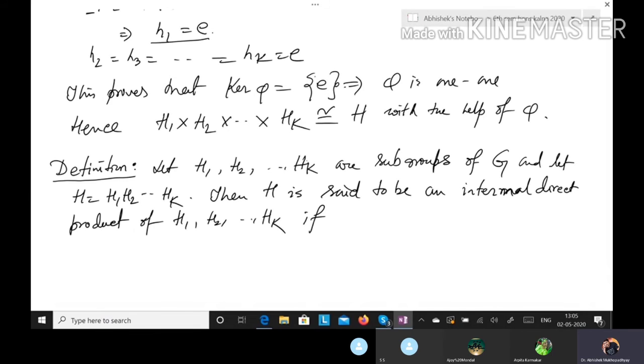That is, one of the 4 statements holds. Any one, because all of them are equivalent to each other. So you can assume any one of them to define this internal direct product.